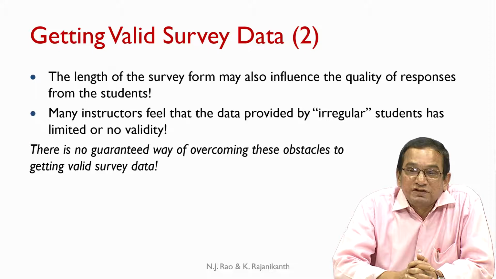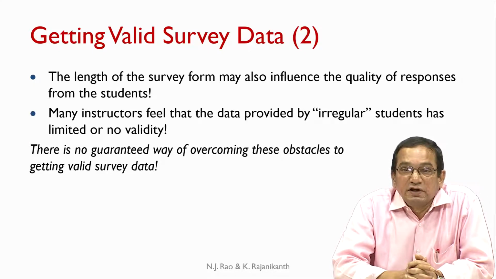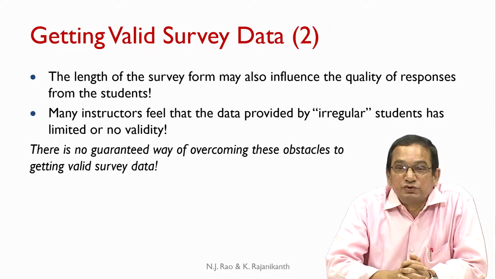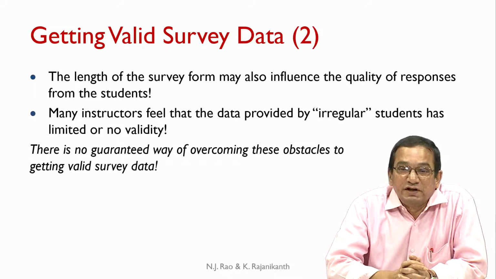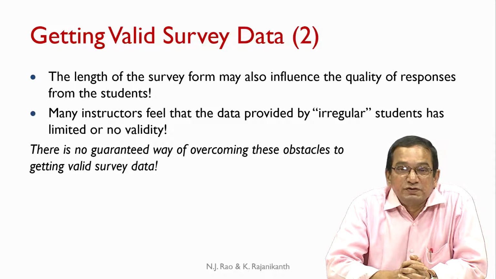Only those students whose attendance is more than, let us say, 75% can participate in the survey. Some institutes even put an entry criterion based on the performance of the students. Only those students whose average performance in the tests is more than, let us say, 65% can participate in the course exit survey.